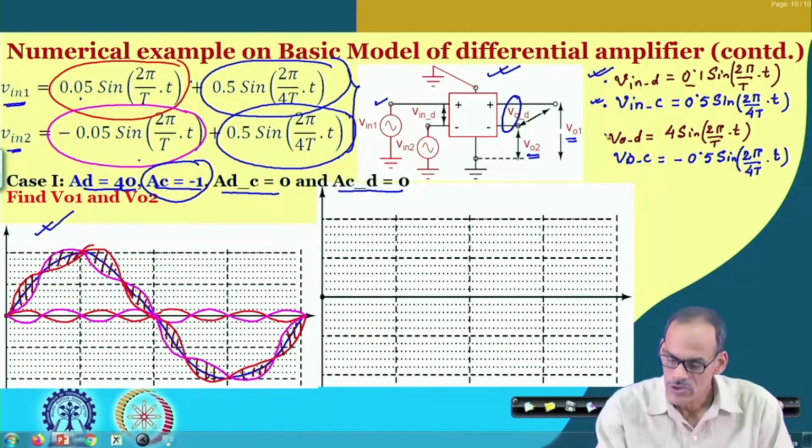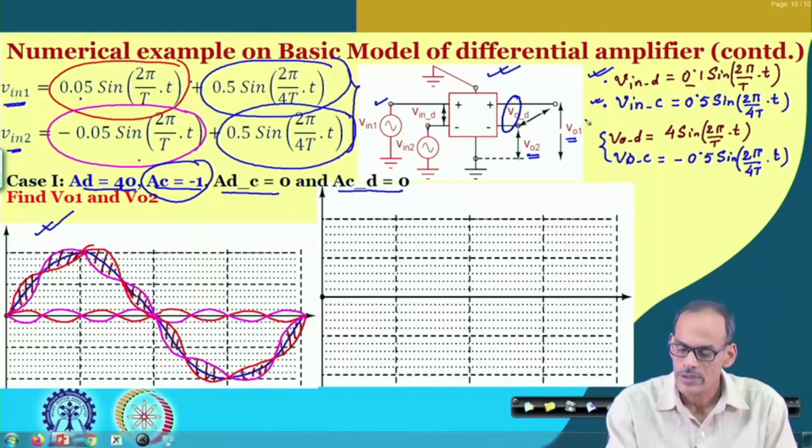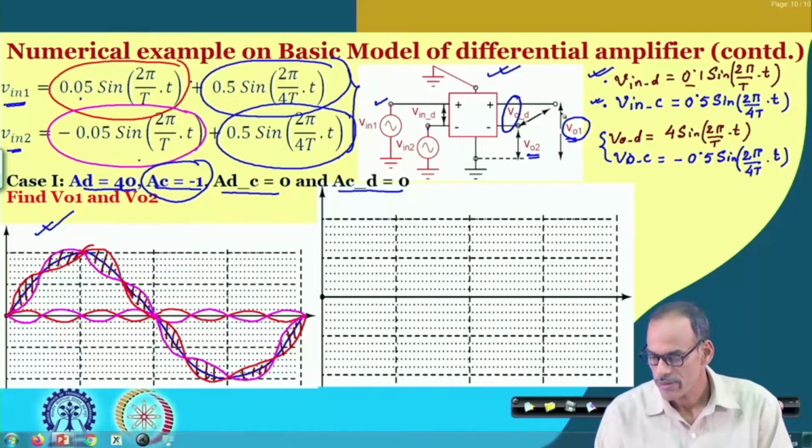Now, if I combine these two, we can get the individual signals, namely VO1.